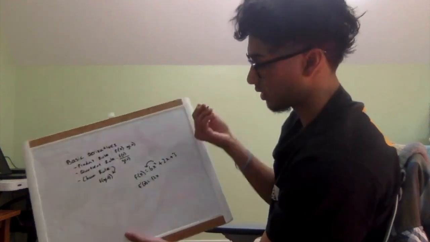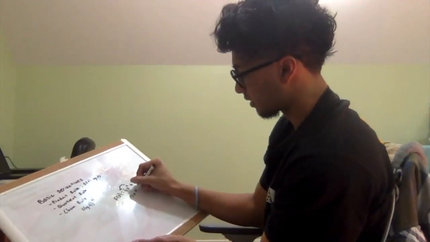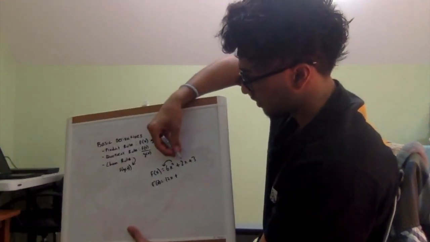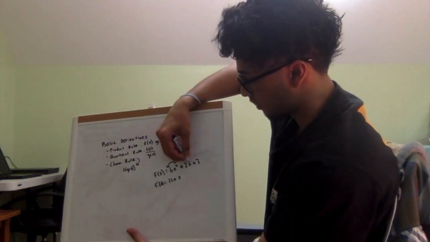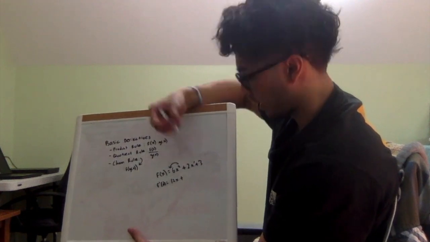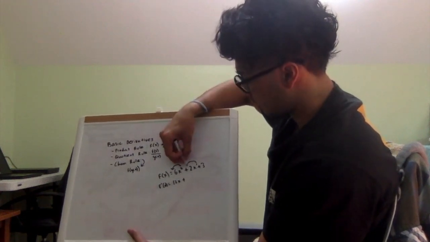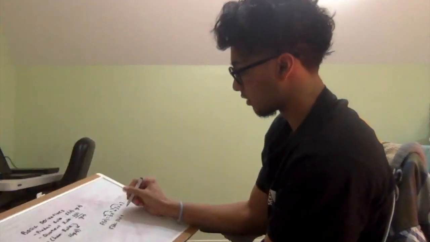So x to the 1 is just x, and you can leave it like that, 12x. Then plus 2x. Since x has no written power, it's just 1. You bring that to the front and multiply by 2, and 2 times 1 is 2.